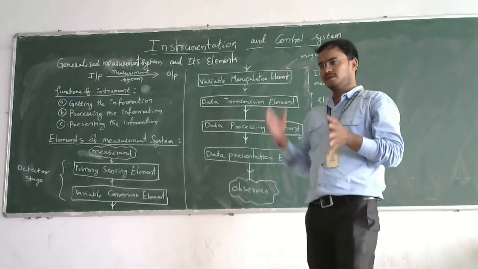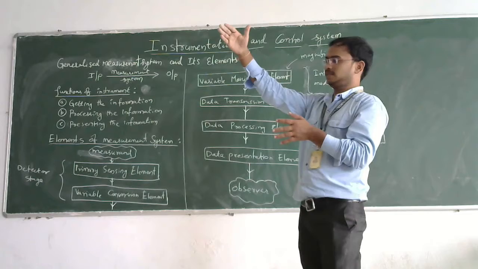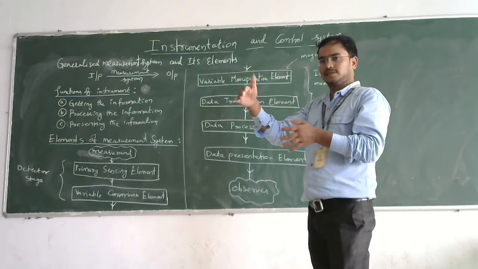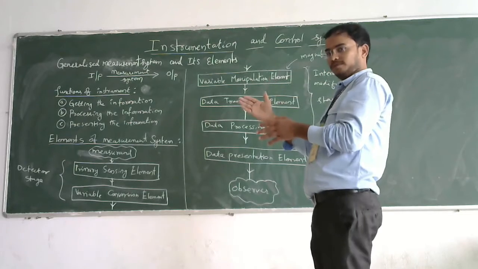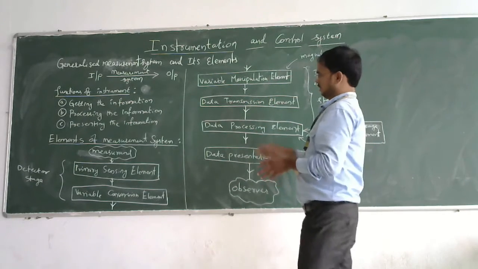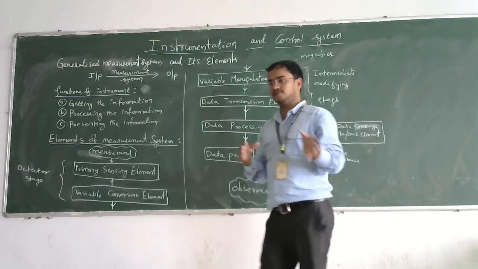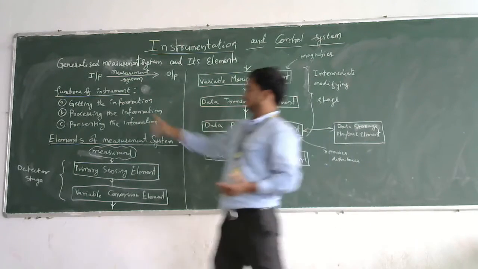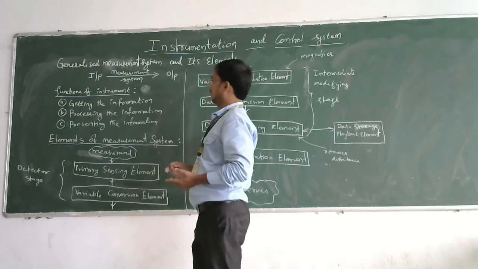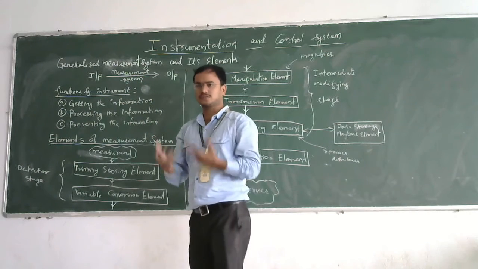Here we have the elements or the stages: how a signal is getting transformed, transmitted, and converted to a suitable form, and finally we get an output. Now it has different elements. But before that, how will an instrument work? First of all, the instrument will take an input signal, and the measurement system will do some processes to it.